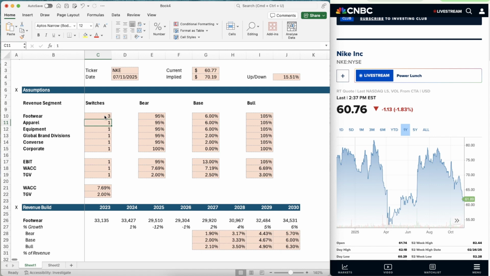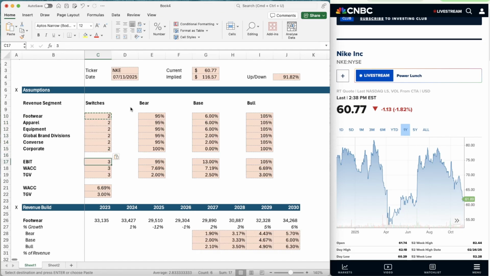What would it be on the bull case? 117. So you know what? There could be some good upside to this.